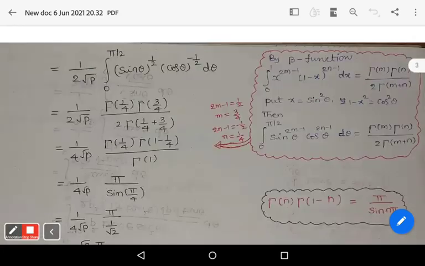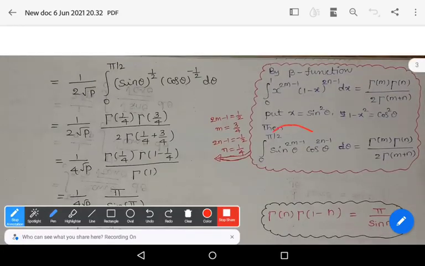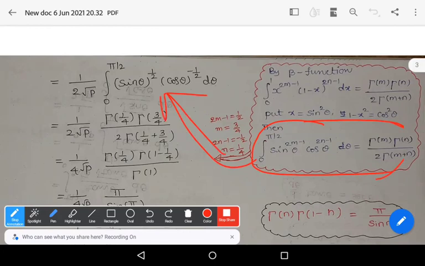And the beta integral or beta function: the integral from 0 to pi by 2 of sin power 2m minus 1 cos power 2n minus 1 d theta is equal to gamma of m into gamma of n divided by 2 into gamma of m plus n. This is a very, very important integral, also known as the beta integral. By using this integral, we get the values of m and n as 3 by 4 and 1 by 4.